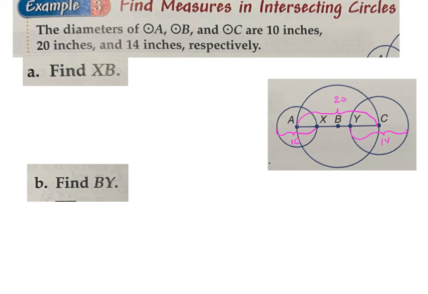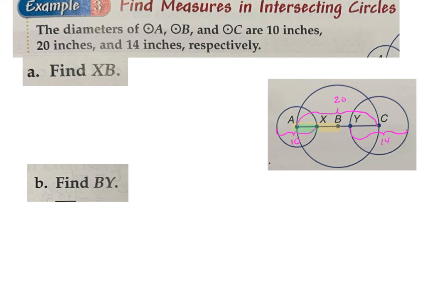What do I know? Well, if that center circle is 20, then I know that the radius is 10. And if A is 10, I know its radius is 5.